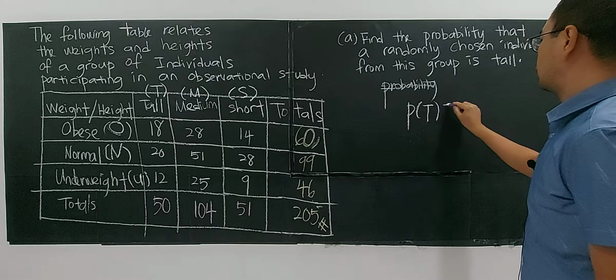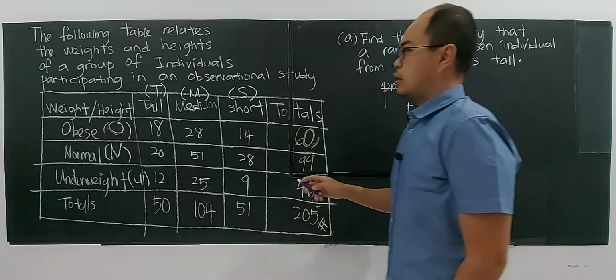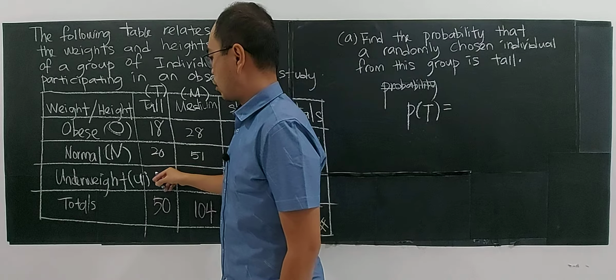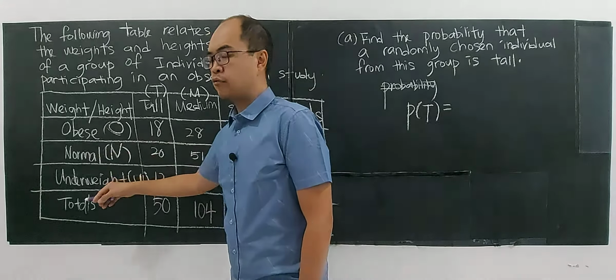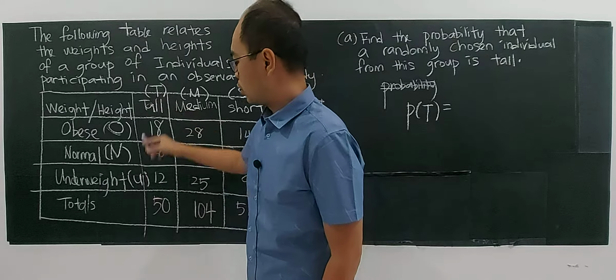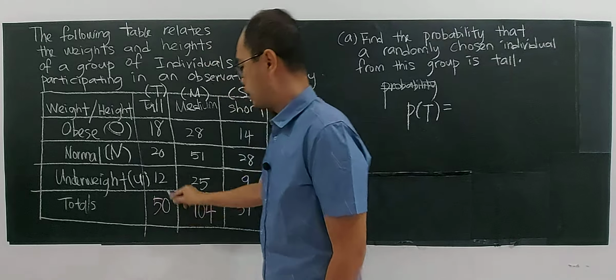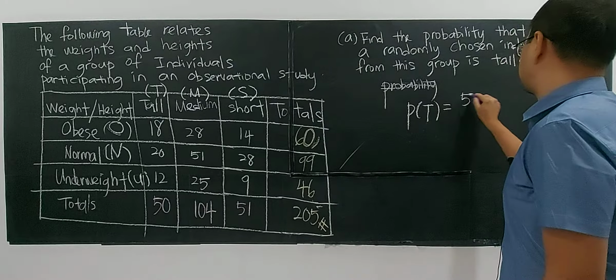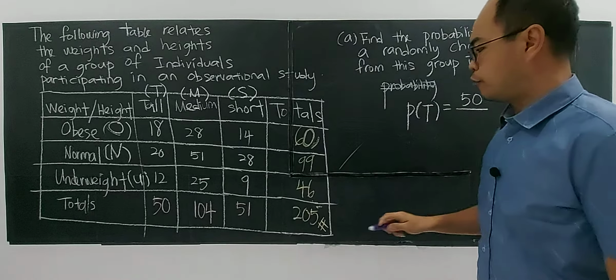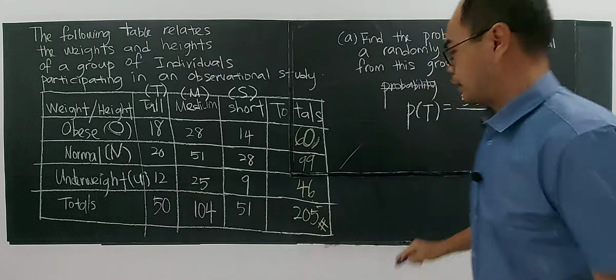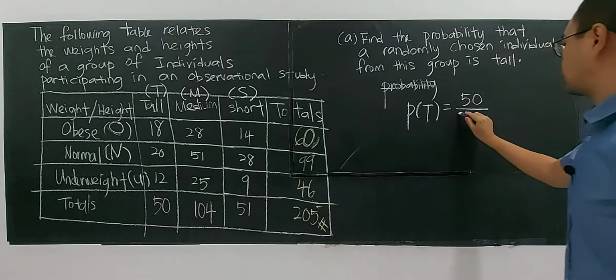It means how many of them are tall, whether they are obese, normal, or underweight, doesn't matter. We just want to know they are tall. So it's 50 of them out of 205. Out of the total of 205, 50 of them are in the height category considered tall.